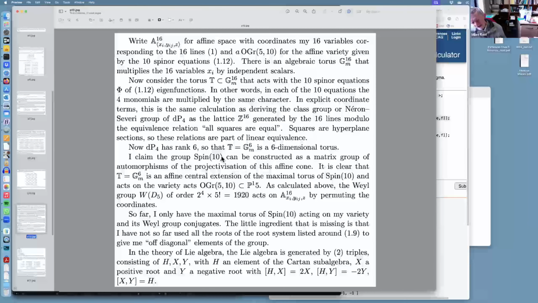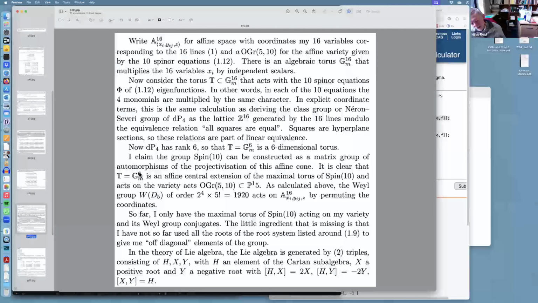Yes? Now, I made a start on that because this big torus I've got, GM6, is leaving fixed the variety.